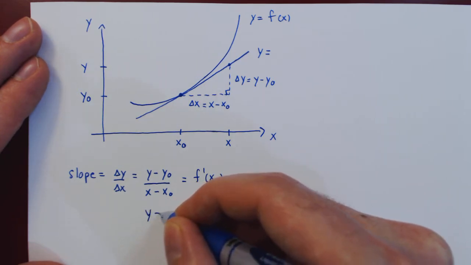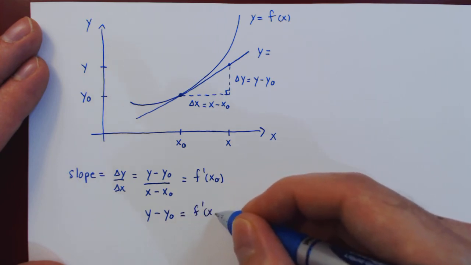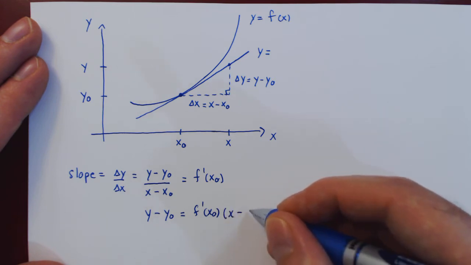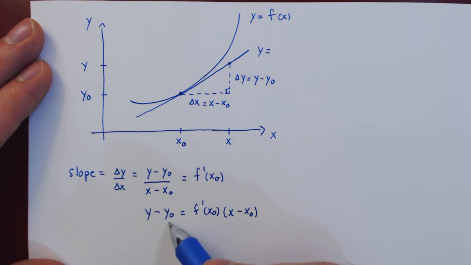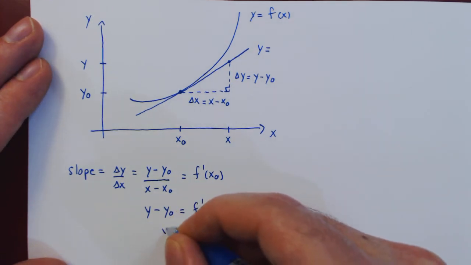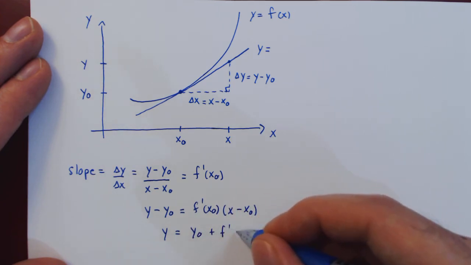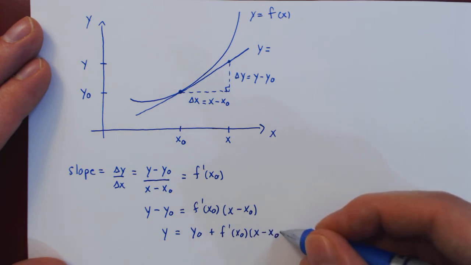So then y minus y0 is f prime of x0 times x minus x0. And finally, to isolate for y, add y0 on both sides. And so y is equal to y0 plus the derivative at x0 times x minus x0.